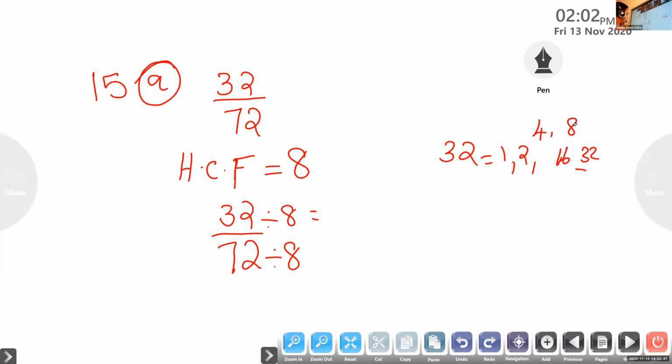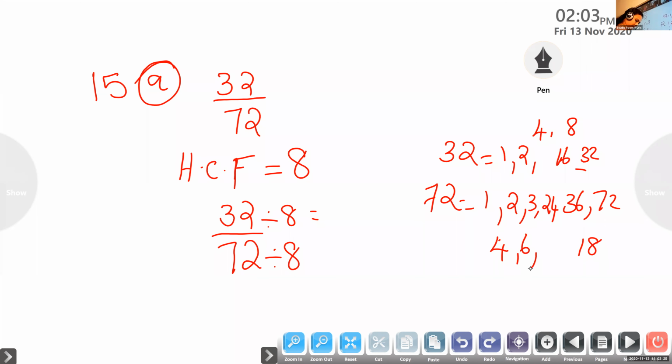Now write the factors of 72: 1 and 72, 2 and 36, 3 and 24, 4 and 18, 5 is not possible, 6 and 12, then 8 and 9. So the highest common factor is 8.